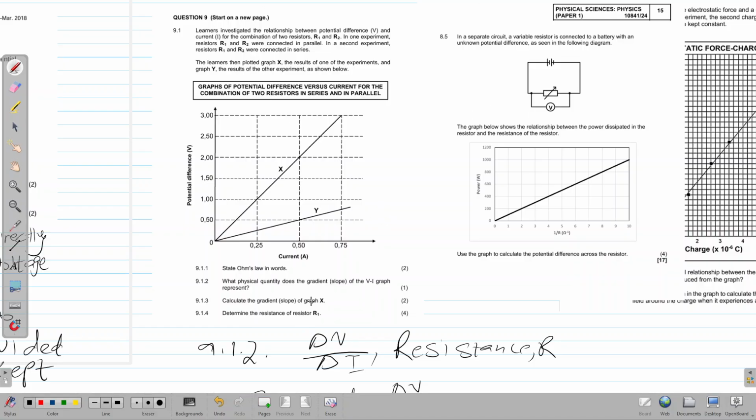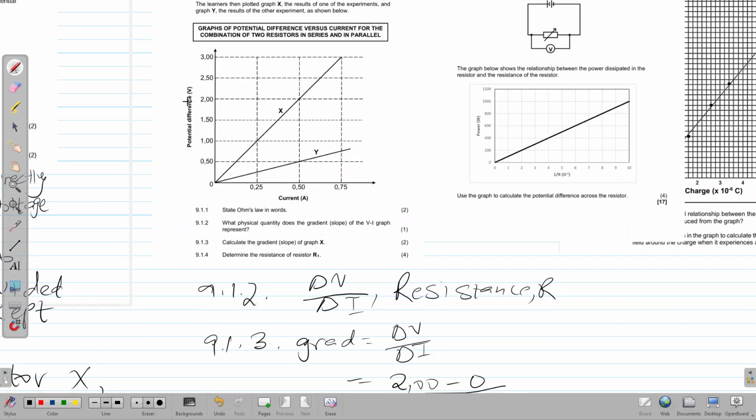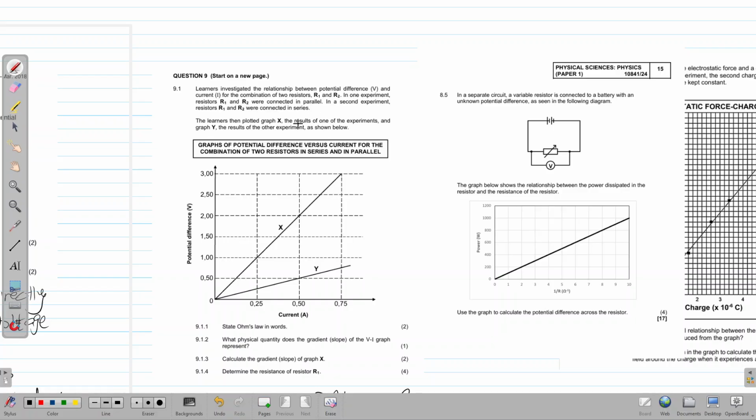Right. So now, how do we determine resistance R1? We must first note that graphs X and Y are the potential difference across the combination of resistors, and we don't know whether it's series or parallel. It is not stated here.